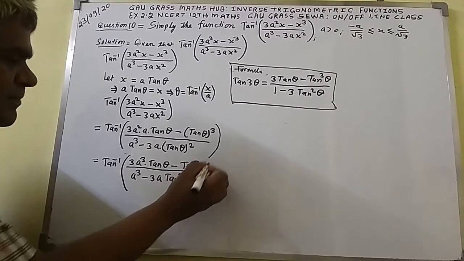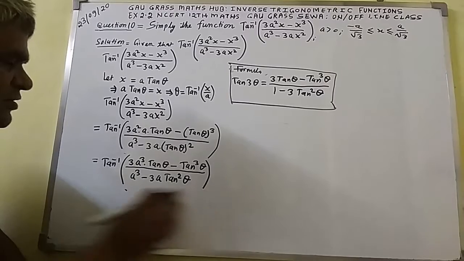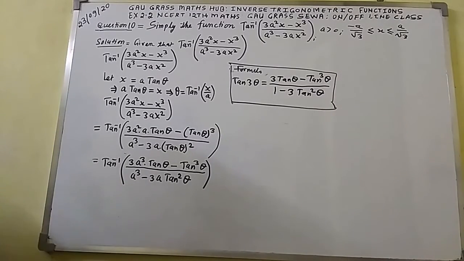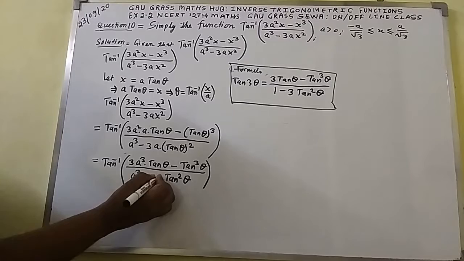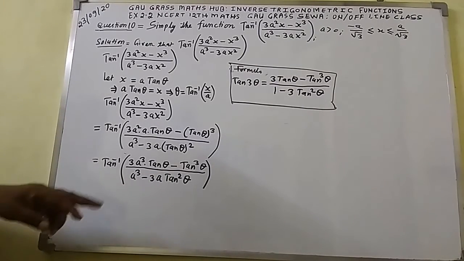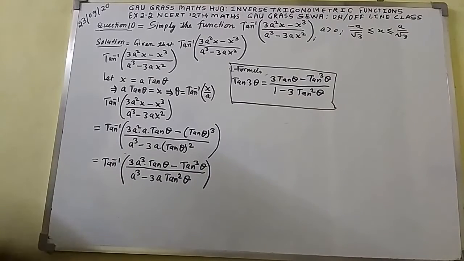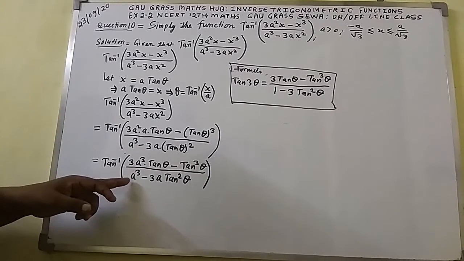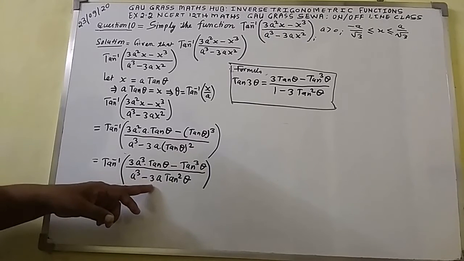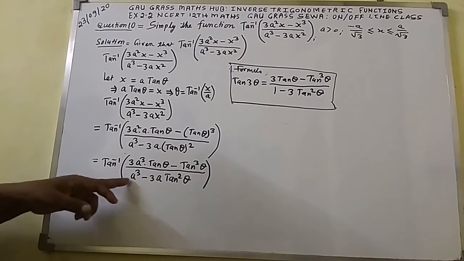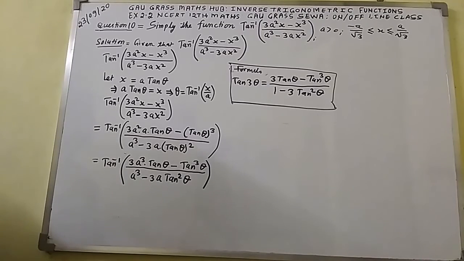Now what to do in this case? Here you can see 3 tan theta minus tan cube theta, and a cube is there, a cube minus 3a, this will become. Let us check whether this question is correct or not. I shall check from the book itself.